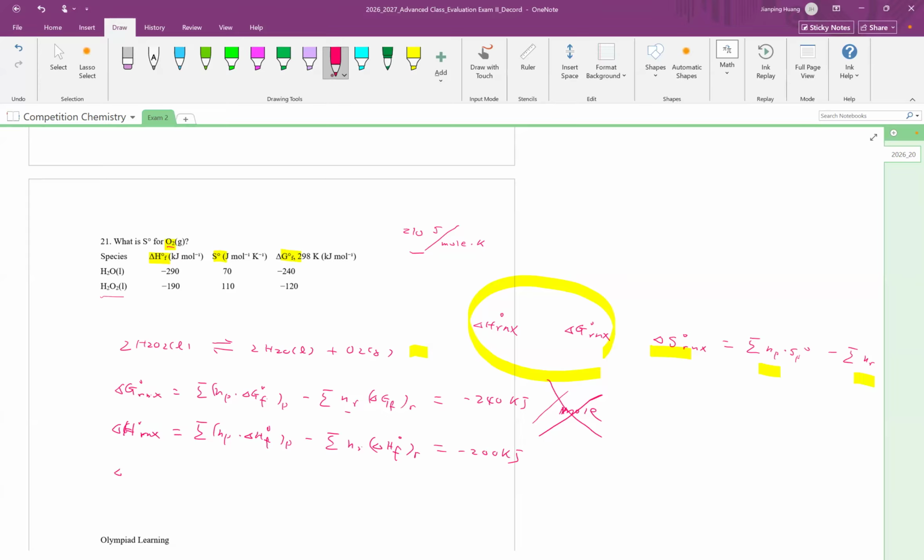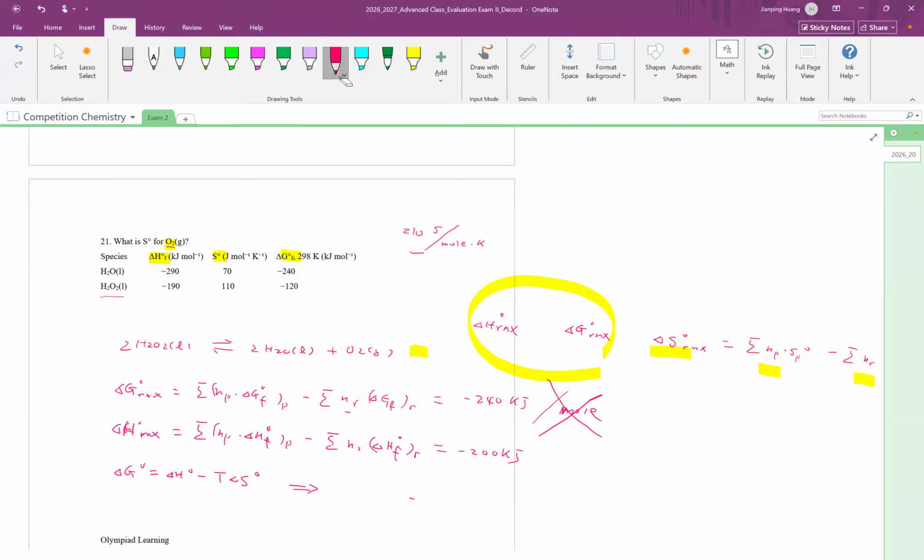So that delta G equals delta H minus T delta S. Oh, no. No. That's not right. Oh, why?